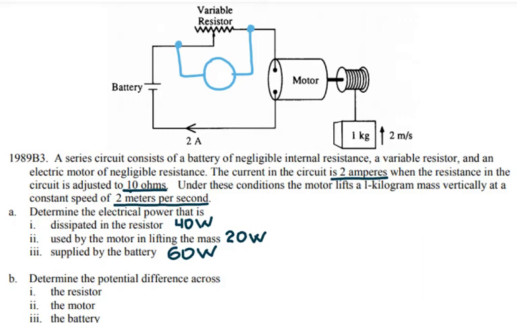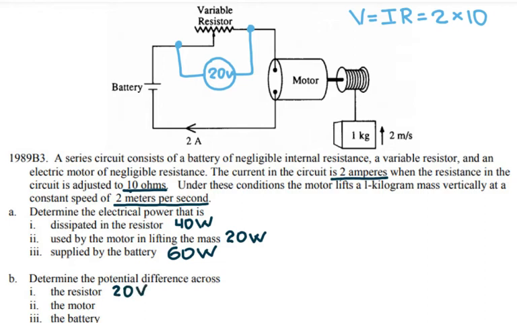I can use Ohm's law, which is I times R. The current is 2 amps and the resistance is 10, so that will give me 20 volts.